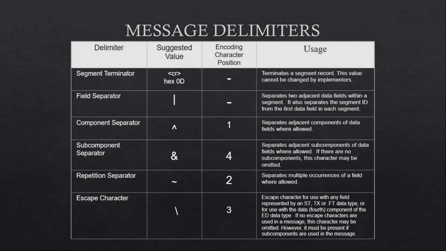We might have multiple segments within one HL7 message, and each segment is terminated with the help of CR, which is the segment terminator. CR is nothing but carriage return. In programming terms, we call it a terminator to indicate that a line has been completed.